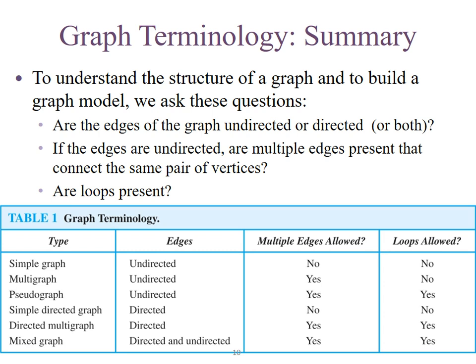Maybe the first thing you can consider is whether it will be a directed graph or an undirected graph. And then based on these two different categories, you can choose the submodels within that category.